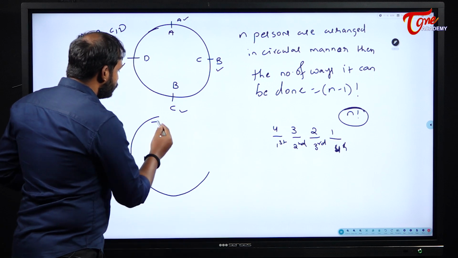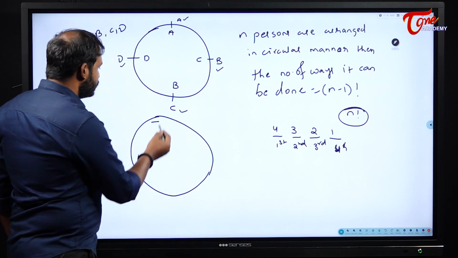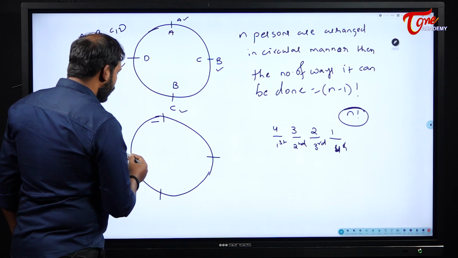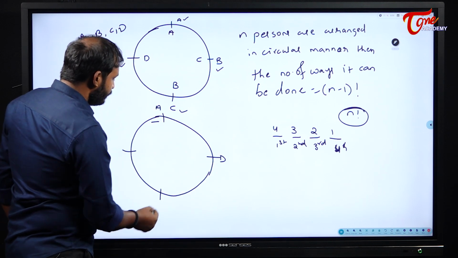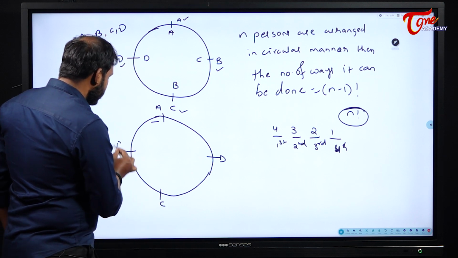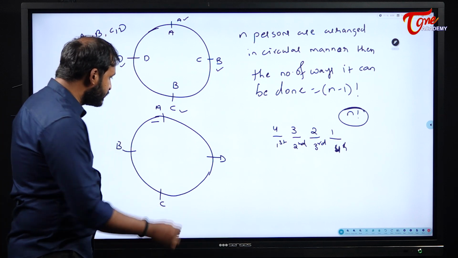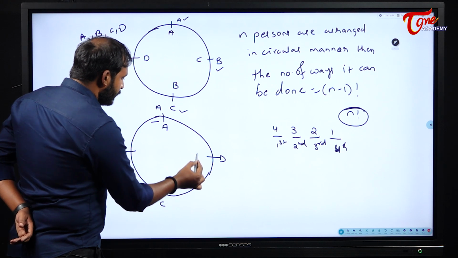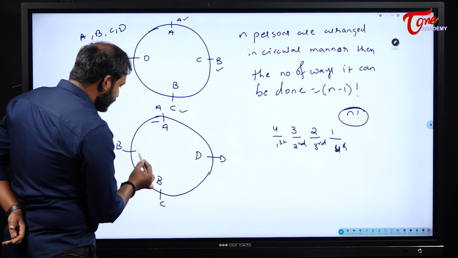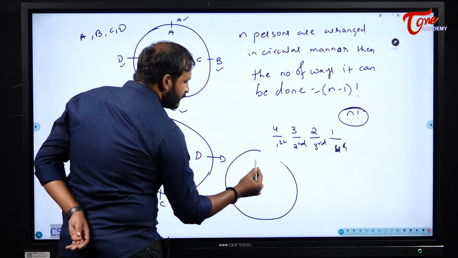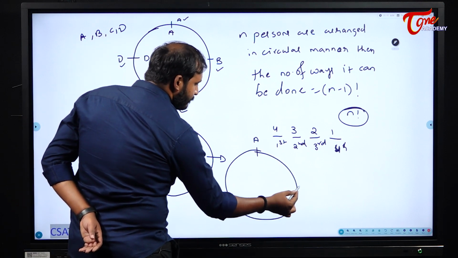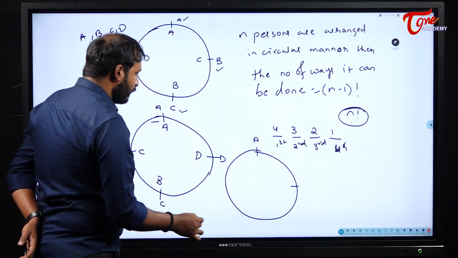When I draw one more circle, once again with 4 people, what else can I arrange? I can also arrange A, D, C, B. I can make this arrangement as one arrangement, or else A, D, B, C. I can take one more arrangement. I am considering A as a fixed point now.